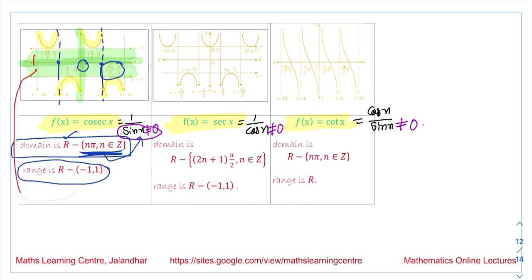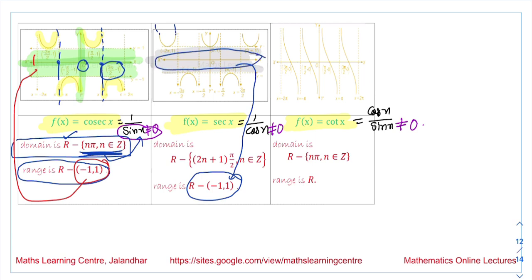So we have removed this portion from the real numbers. Similarly, for secant x, the range is the set of real numbers with this portion removed, so it can attain all the values except for the numbers within this range. Similarly, for cot x, we can obtain this function from tan x also.